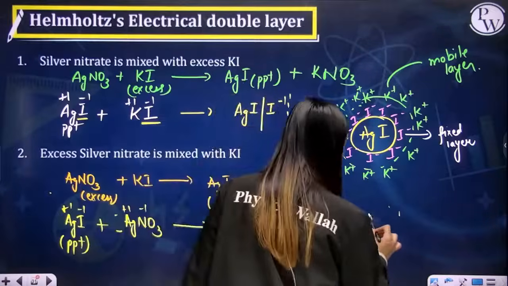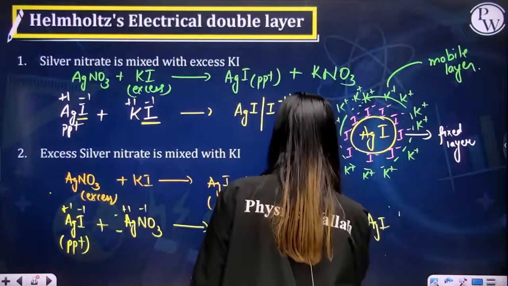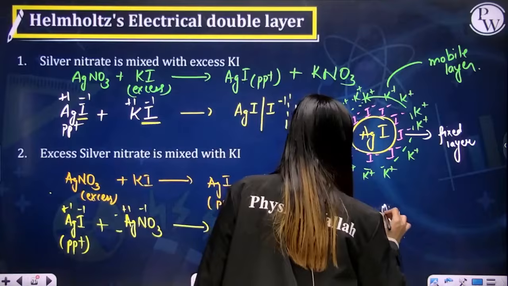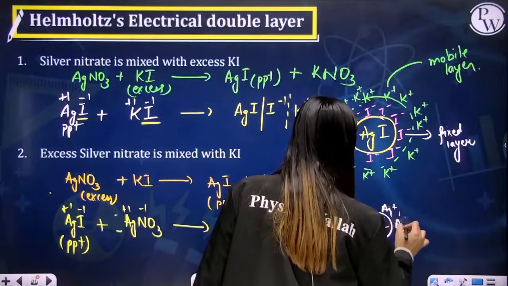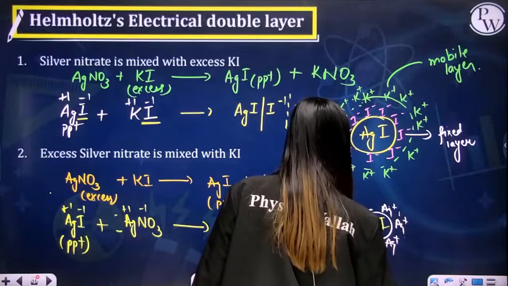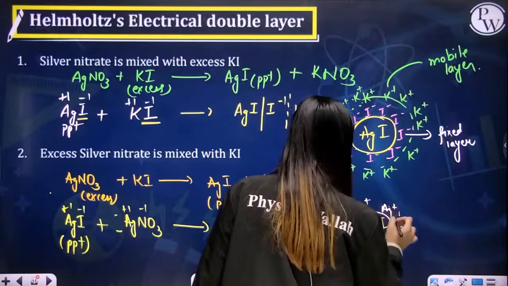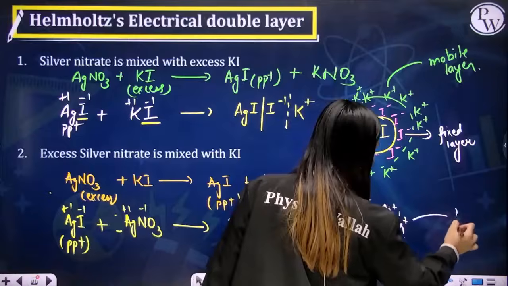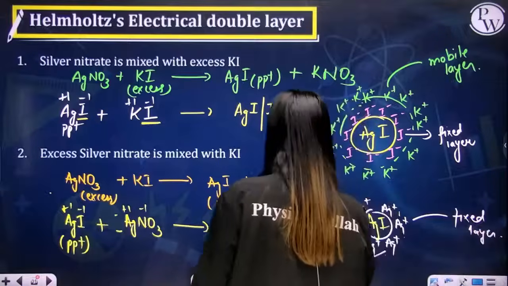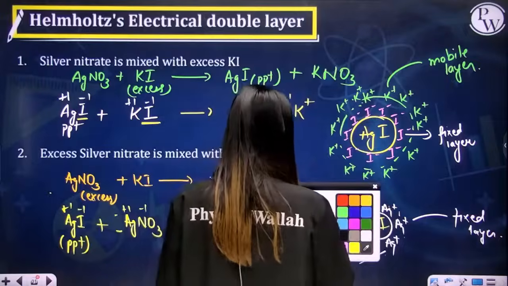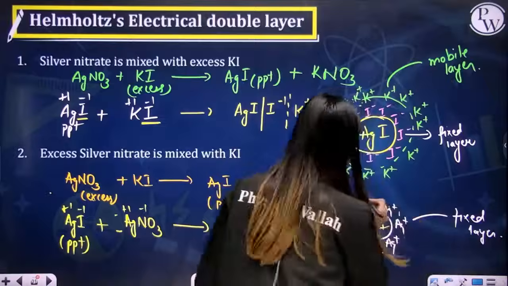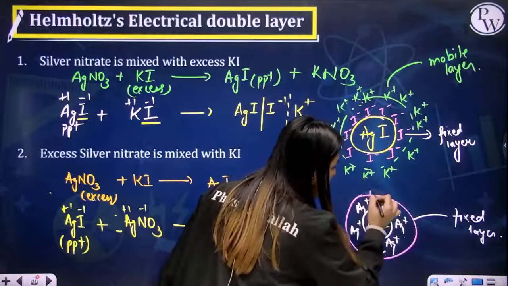If you want to draw here, you will have AgI and then around this AgI, you will get Ag plus. This time your colloid will be positively charged, and this will be your fixed layer. Let's talk about the mobile layer. The mobile layer will be of NO3 negative, so around this you will get NO3 negative.